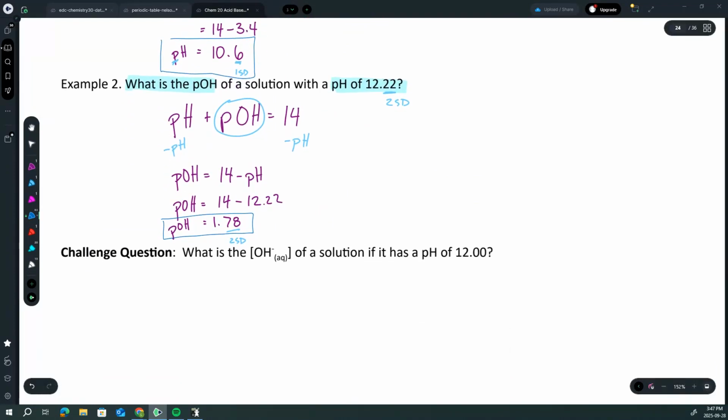All right, now for our challenge question. What is the concentration of hydroxide of a solution if it has a pH of 12? We're looking for a concentration of hydroxide, and we're given pH.